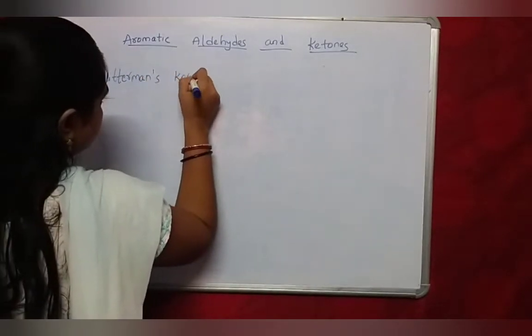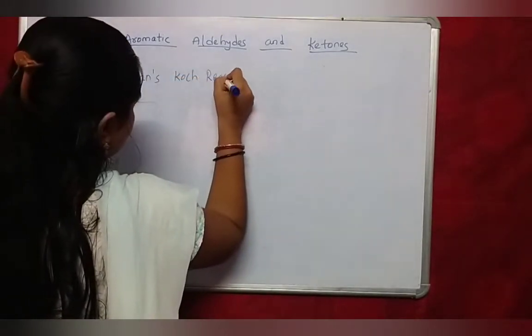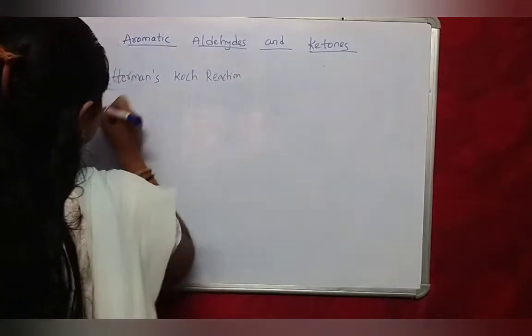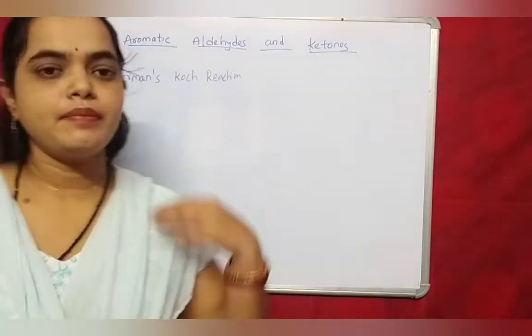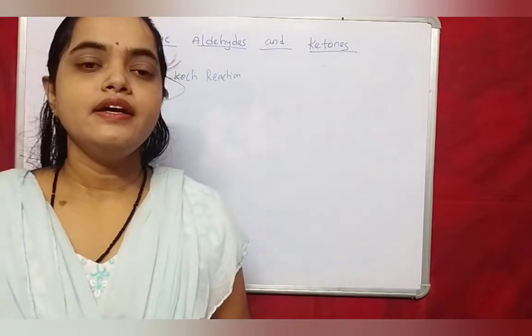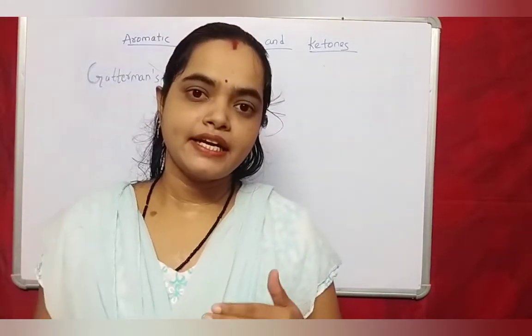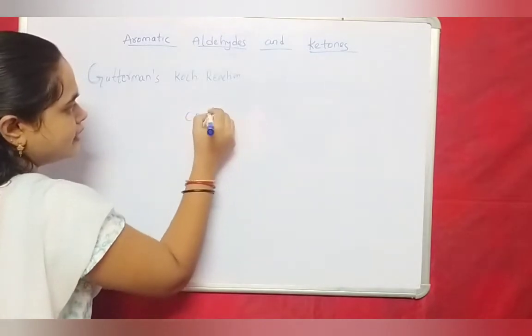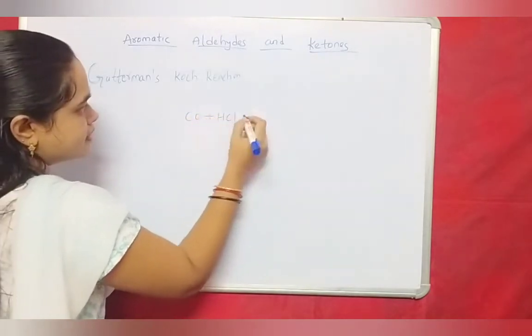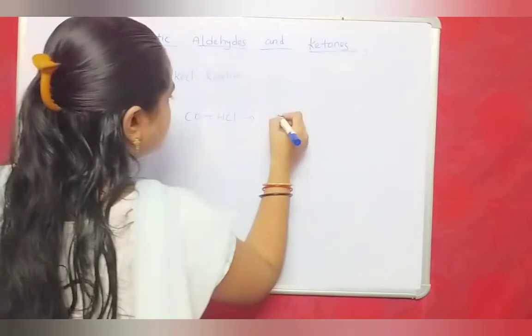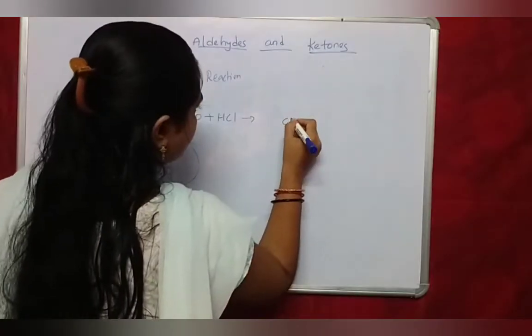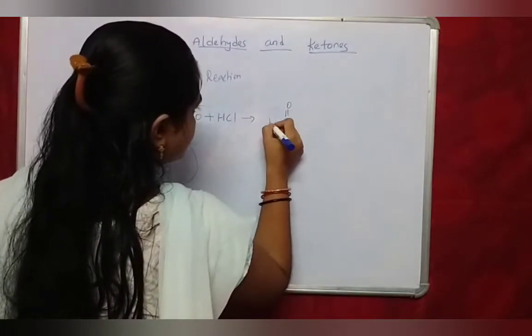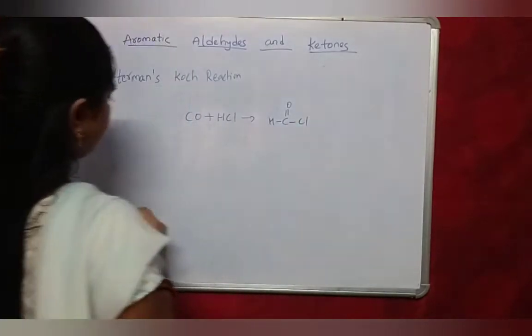Gattermann-Koch reaction. See what happens here. In Gattermann-Koch reaction, when carbon monoxide is treated with HCl, here it forms HCOCl.